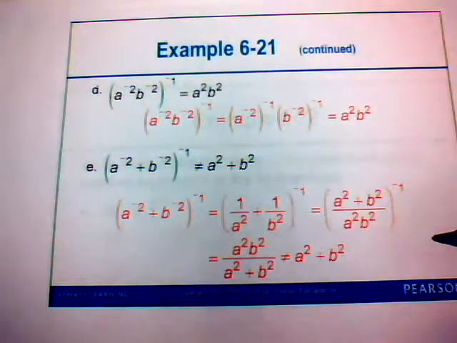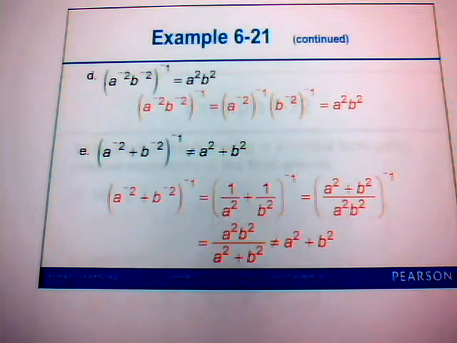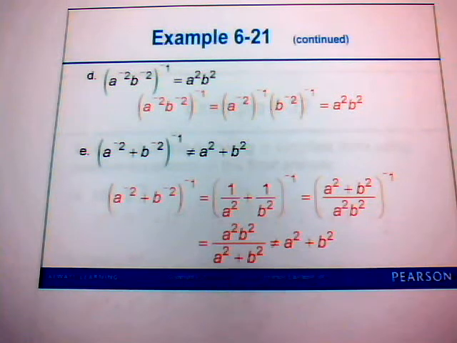So here, this will end up being a squared b squared. Now for this one, a to the negative 2 plus b to the negative 2, that quantity is raised to the negative 1. And it does not equal a squared plus b squared. Okay, now I'll do this one.